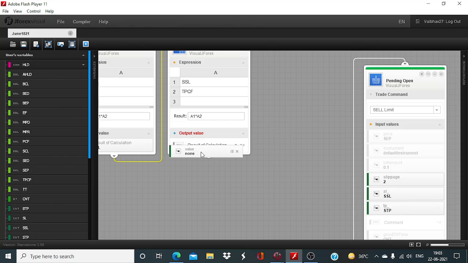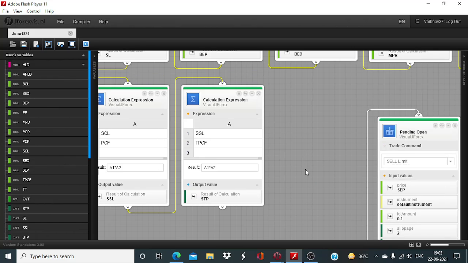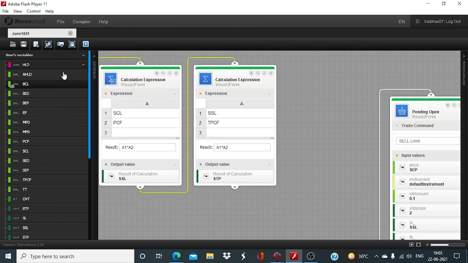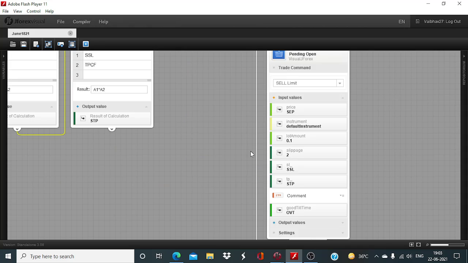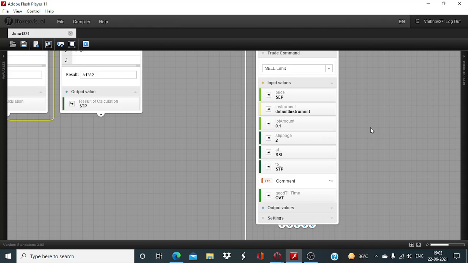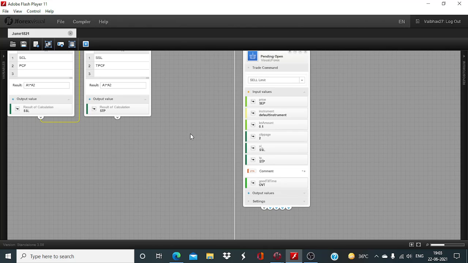I will assign this variable to this output value of this calculation expression. Okay, with this we have defined all the required variables apart from this string comment. I will leave it blank. We are not making any comment.